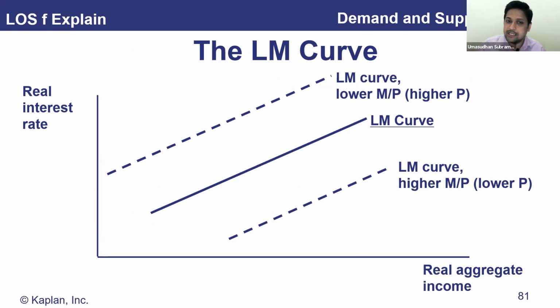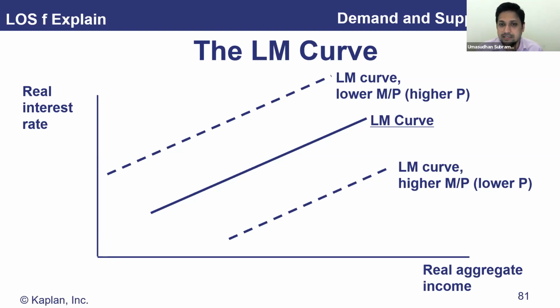The relationship between interest rates and GDP in the IS curve and in the LM curve is explained in opposite directions. In the IS curve, is the curve downward sloping or upward sloping? It is downward sloping. So what does that mean? Lower the interest rates, higher the GDP. Higher the interest rates, lower the GDP. But in the LM curve, look at what's happening here. When the interest rates are more, your aggregate income is more.